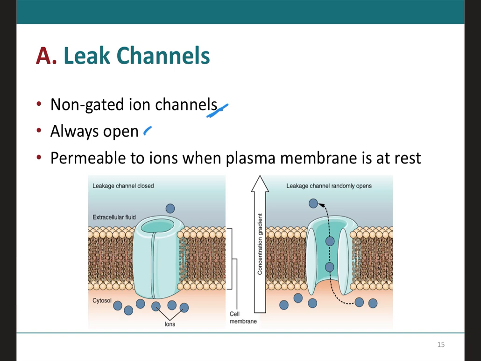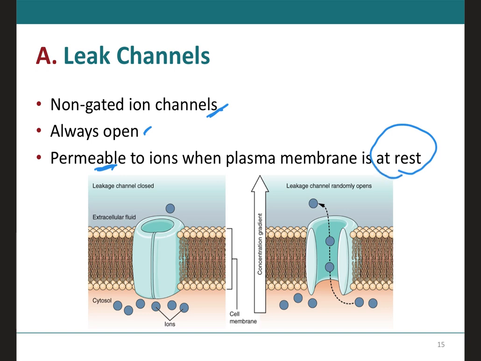Instead, it has an intrinsic rate of switching between the opening and the closing states. Now, these channels are responsible for the permeability of the plasma membrane to ions when the plasma membrane is not stimulated, or in other words, when the plasma membrane is at rest. So there's no action potential occurring.